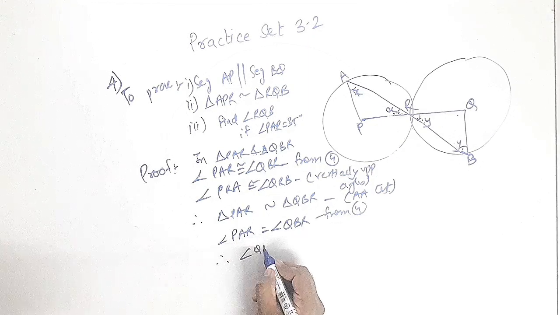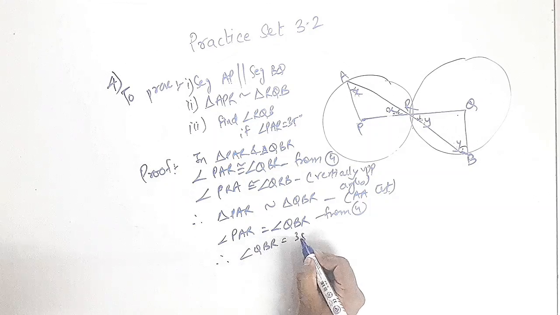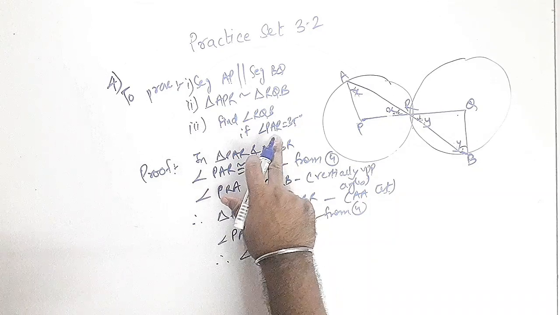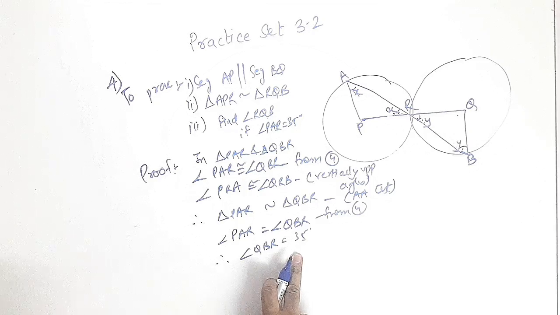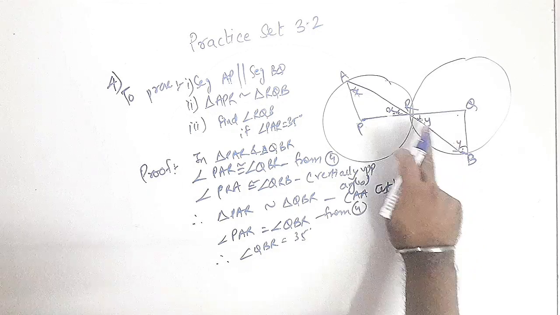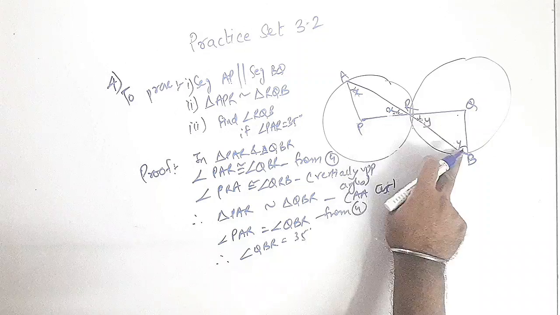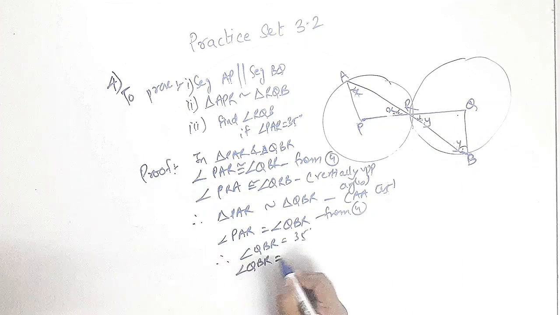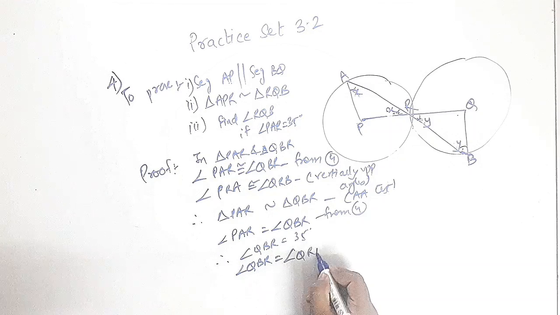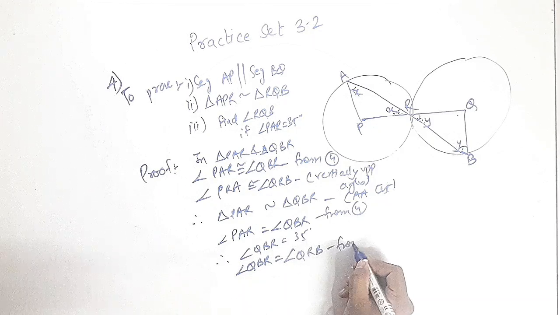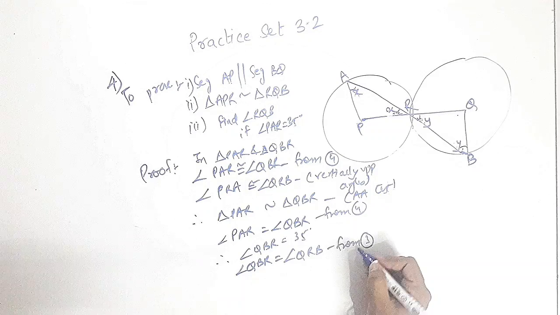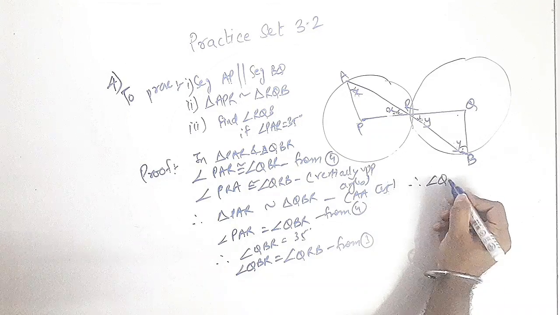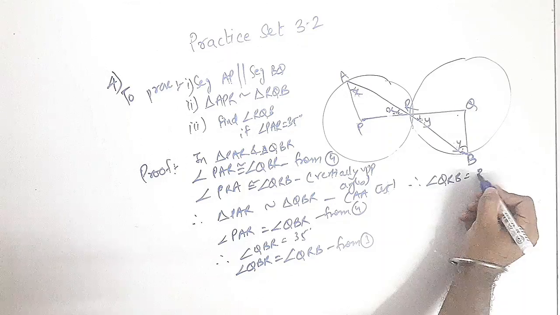Therefore angle QBR is also 35 degrees, because this is given 35 degrees. Now QBR is congruent to this one, 35, 35. Angle QBR is equal to angle QRB. This was, I think, point number 3. Therefore angle QRB is also 35.